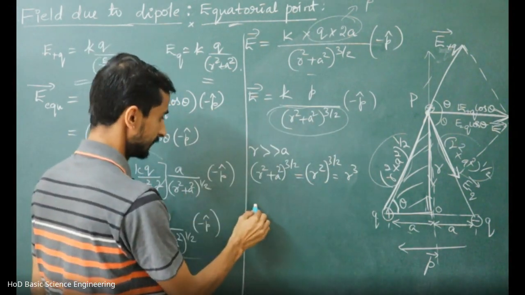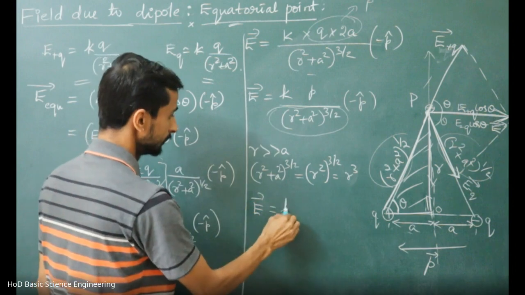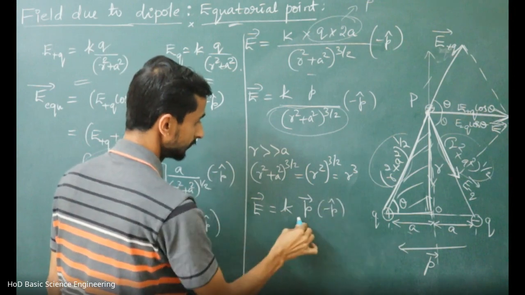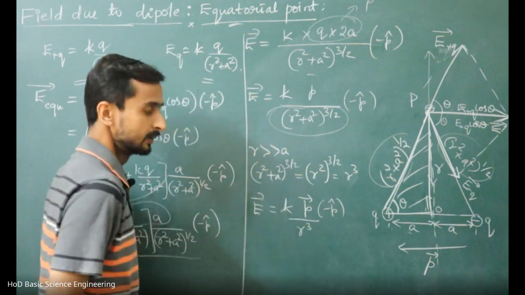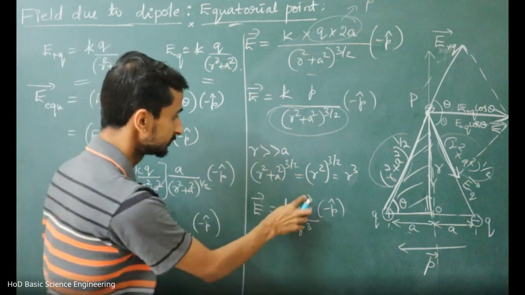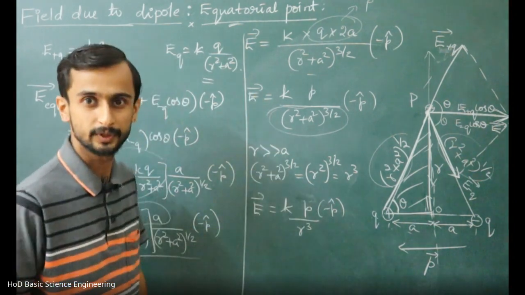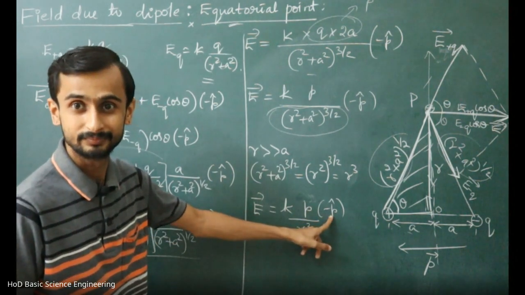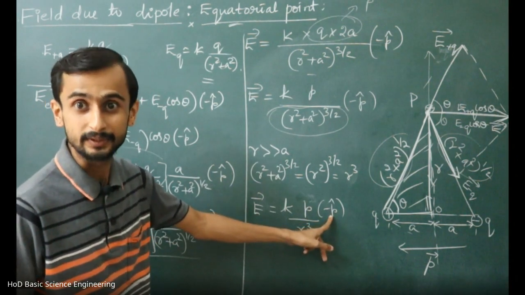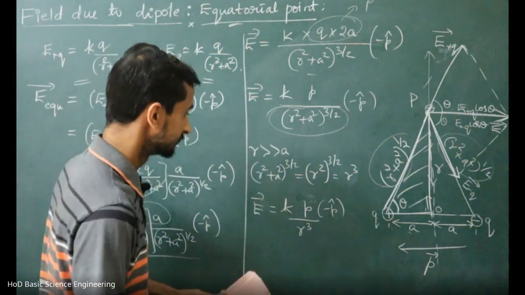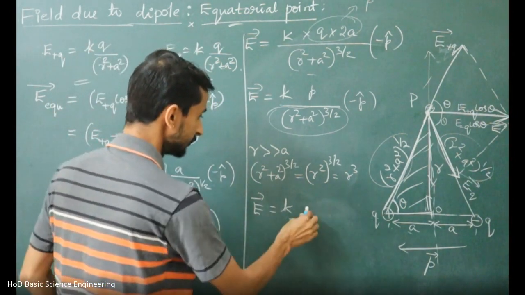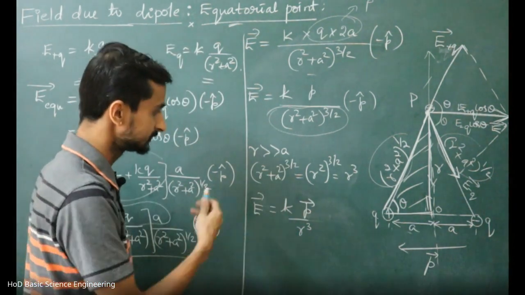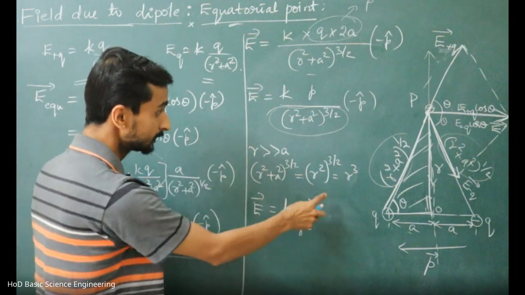Therefore, we can write E equal to K P into minus P cap divided by R cube. Again, this is not vector P, just magnitude P. Magnitude P into unit vector can be written as vector P. Just go through that previous derivation. This is the final expression, but one minus sign is there.